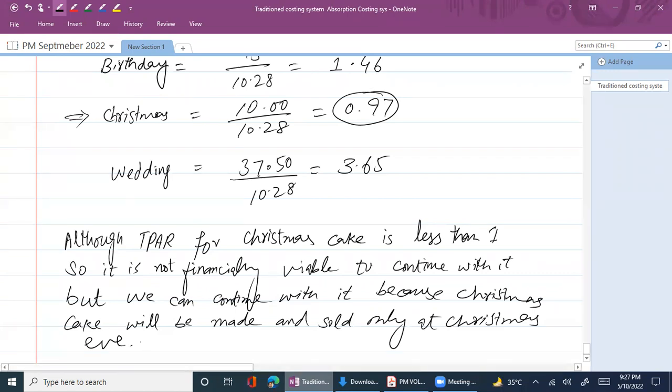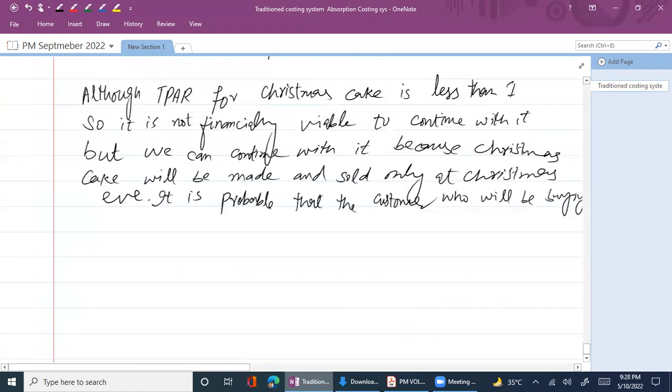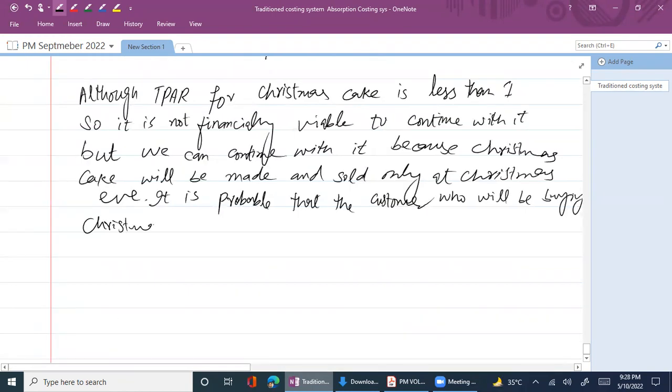So you will continue from here, that it is probable that the customer who will be buying Christmas cake will also buy other cakes from us in future.